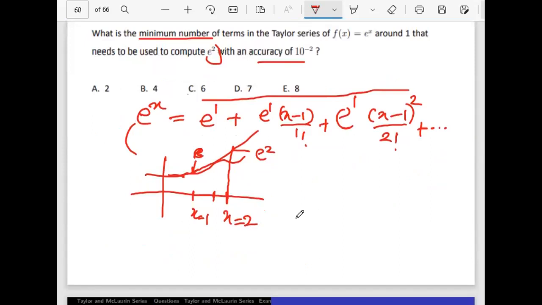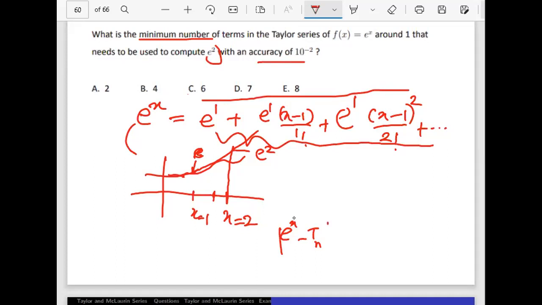Let's say the distance between the original function and the Taylor polynomial, that means the finite terms, we don't know how many terms we have to consider, let's say n, is less than or equal to M divided by n plus 1 factorial times x minus 1 to the power n plus 1.